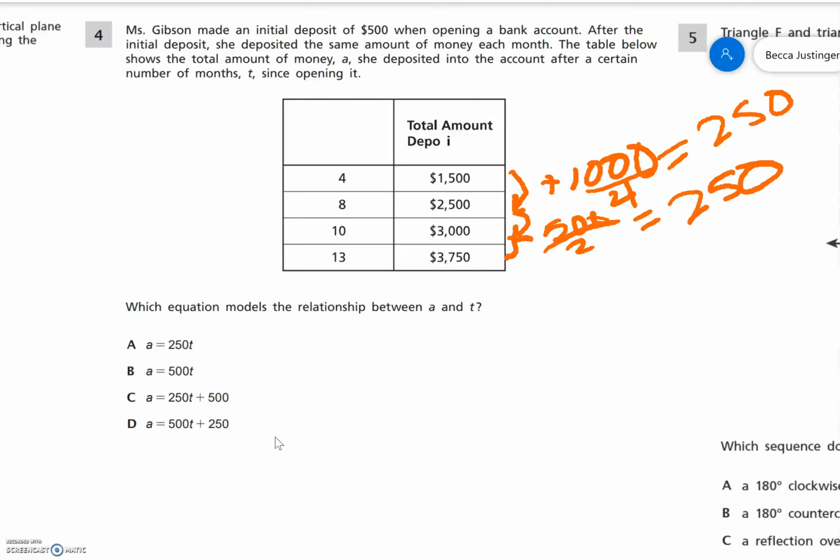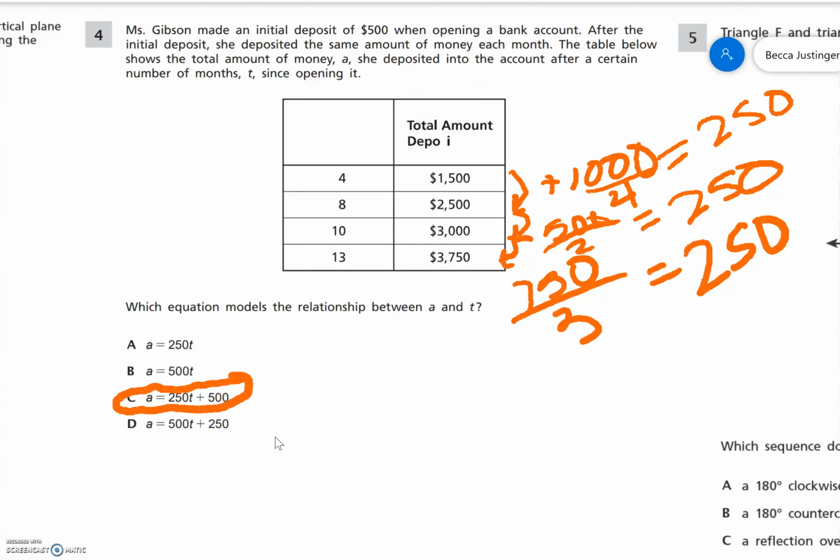And then from 3,000 to 3,750, that is an increase of 750, and that happened in 3 months. So again, it goes up by 250 every month. And we started with 500, so C is the answer. 250T, T standing for the number of months, plus the initial deposit of 500.